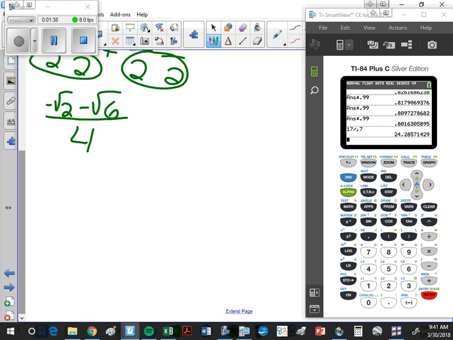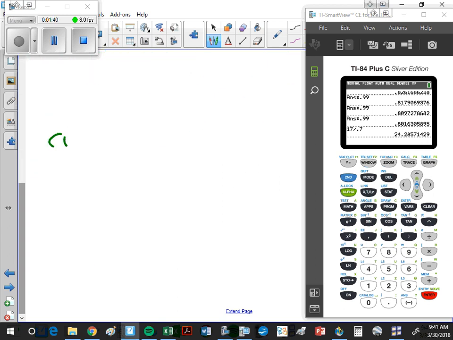What if I did the cosine of 15 degrees? How would you create it? Well, if it says pi over 12, I would just convert it straight into degrees, because adding fractions in your head is kind of hard to do. So the cosine of 15, how do you create 15 degrees?